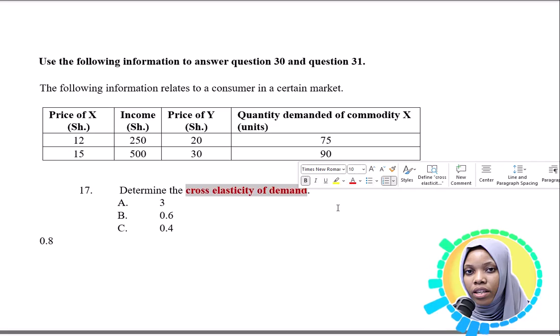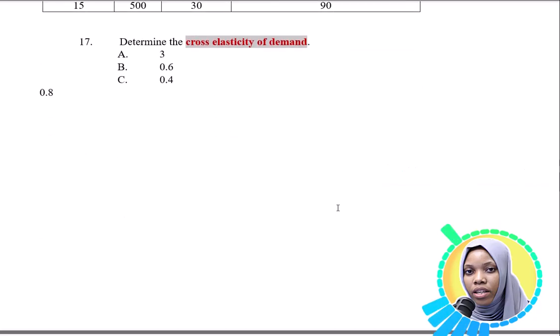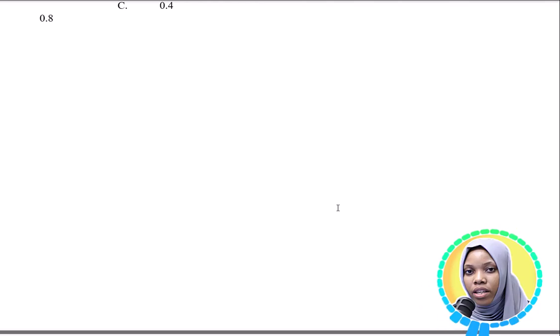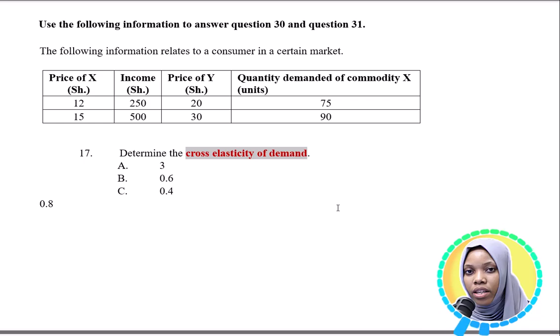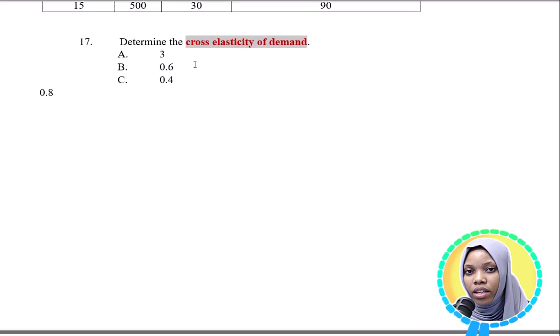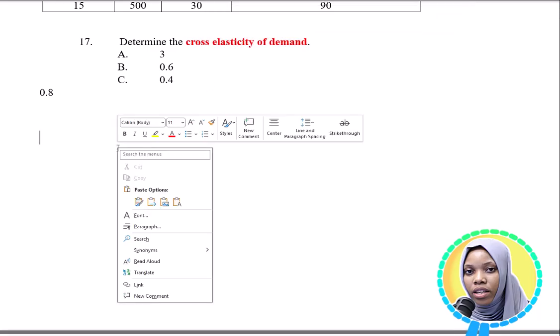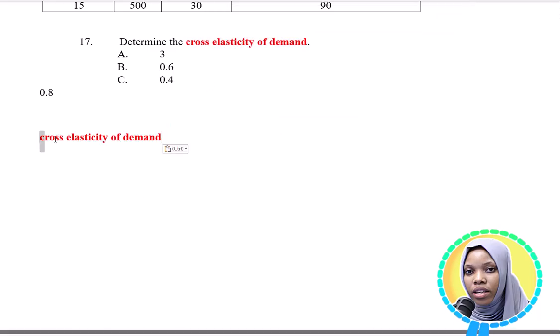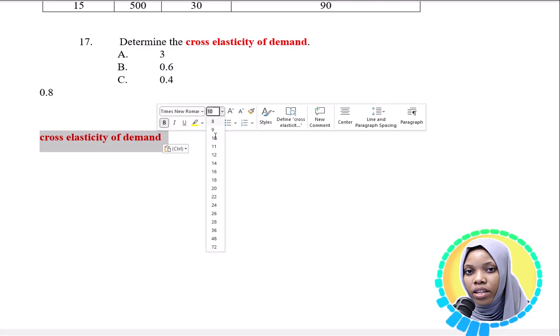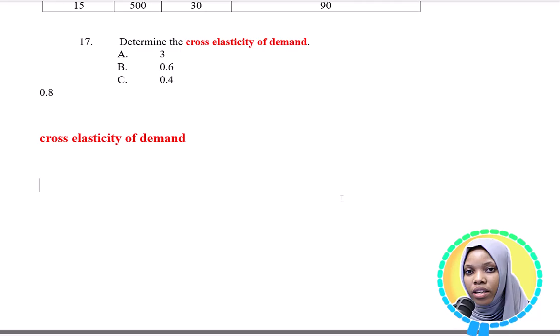To calculate the cross elasticity of demand, we are first going to calculate the percentage change of the quantity demanded of X.